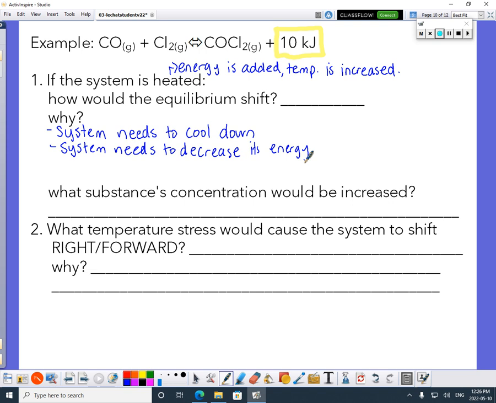Or if you are thinking about shifting away or towards, it needs to shift away from the energy. All of these are appropriate explanations for what would happen, okay? Or heat, doesn't matter. Same difference. Shift away from the kilojoules.